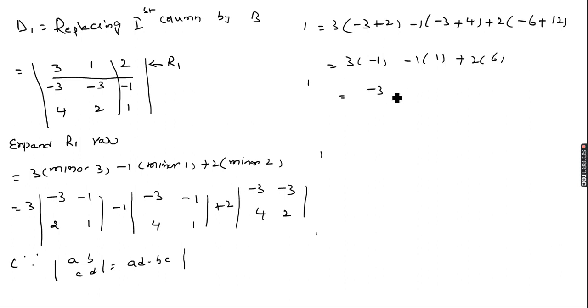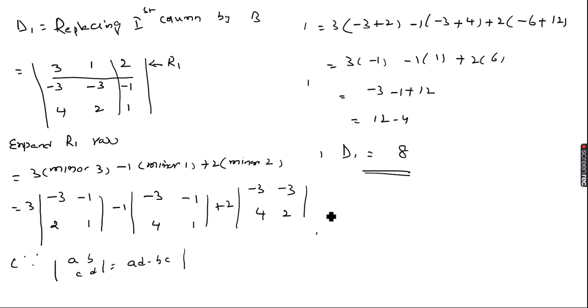We get minus 3, minus 1, plus 12. That is nothing but 12 minus 4. Therefore, delta 1 equals 8.